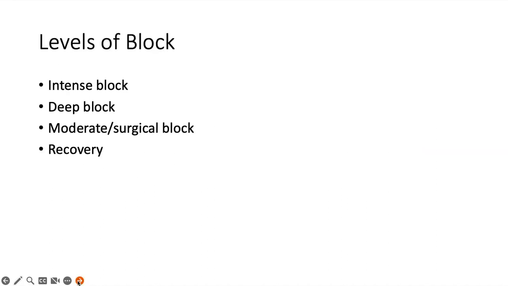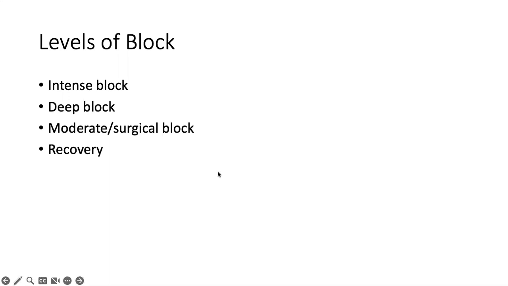So the levels of block, you can have what we call an intense block, a deep block, surgical block, and then recovery. Most of the time when we do most surgeries, we want our patients to be at a surgical block or deep block. Intense block may be required for long procedures where there is very fine surgery.